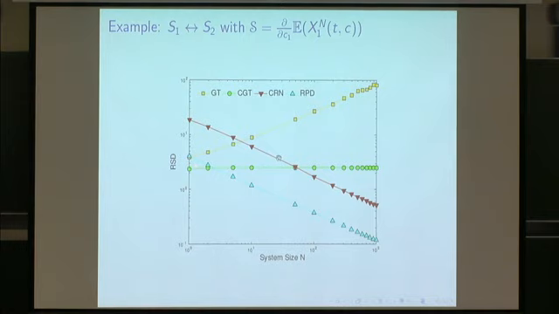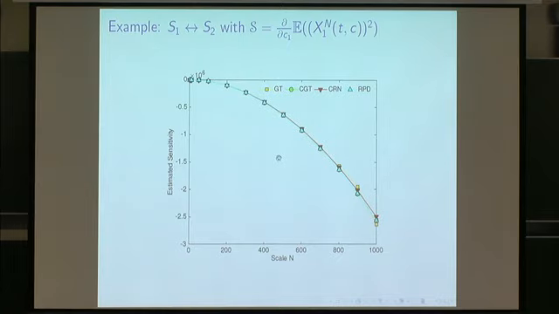The centered Girsanov is flat, and both the finite difference and RPD we did not analyze, but we believe it should be similar to finite difference. So it goes down like n to the half. And I also believe the Poisson path algorithm by Ankit and Mustafa also should go down. Okay.